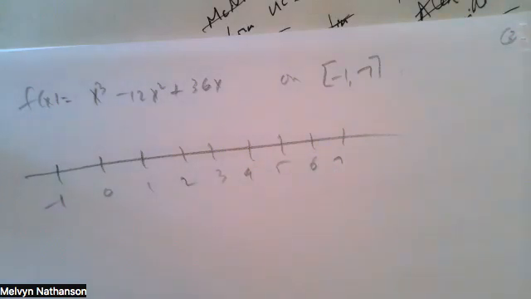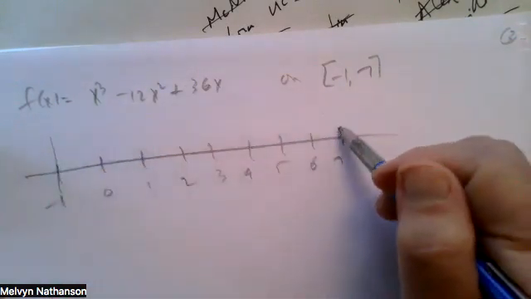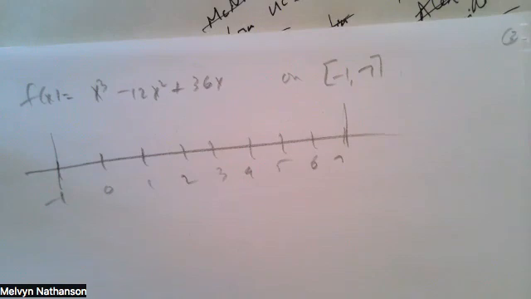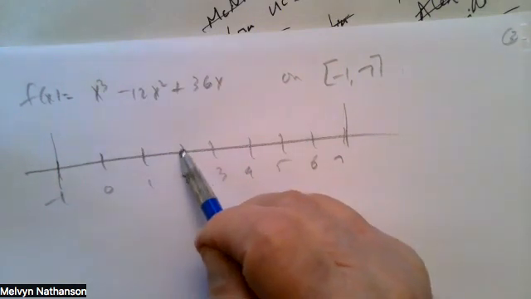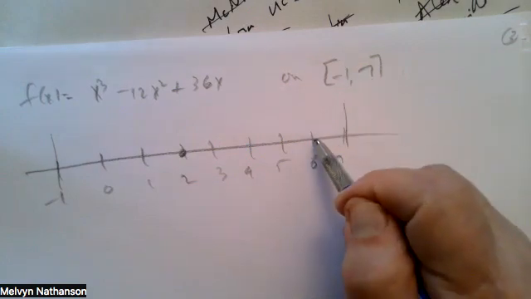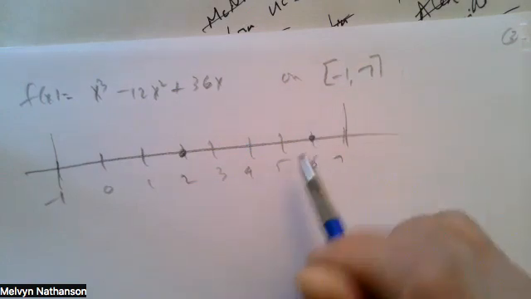So on this interval, we're only looking at values between -1 and 7. We know we have a relative maximum at x equal 2 and a relative minimum at x equals 6.